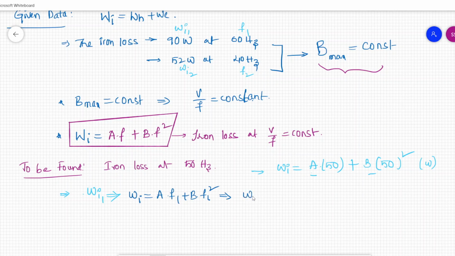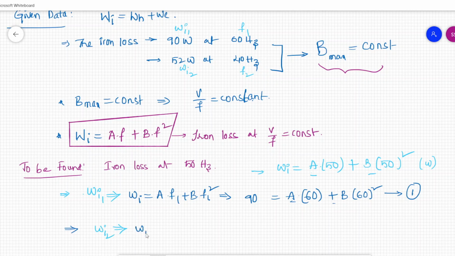WI1 is nothing but 90 watts, right? So 90 watts equals A into F1, which is 60 Hz, plus B into F1, which is 60, whole square. Let us take this as equation 1. So we are trying to find A and B values here. Now let us take WI2, iron loss 2, given in the question.